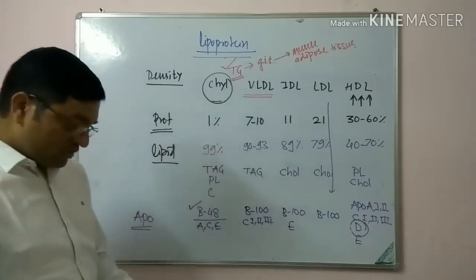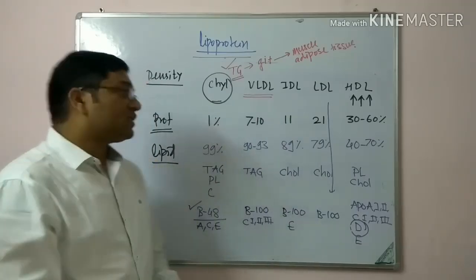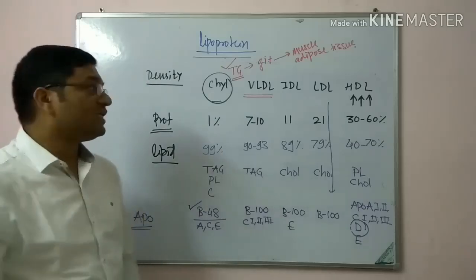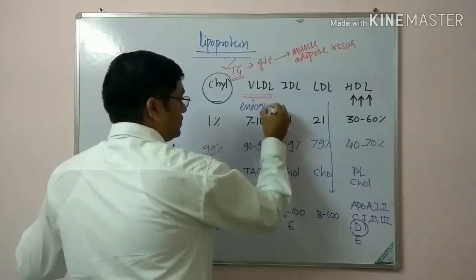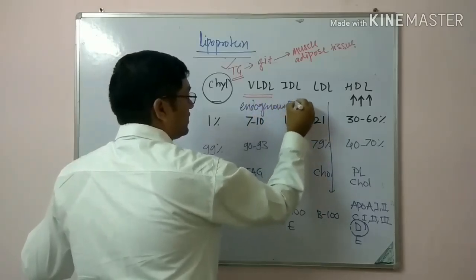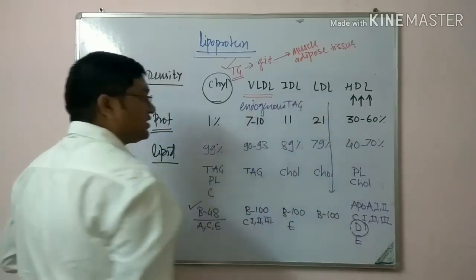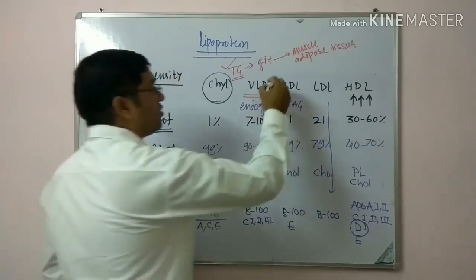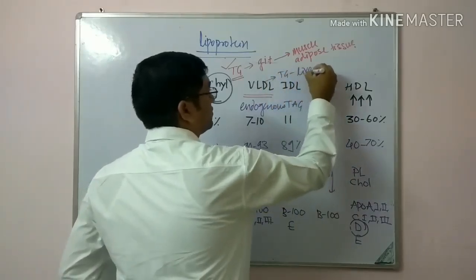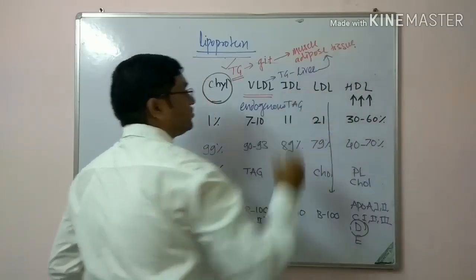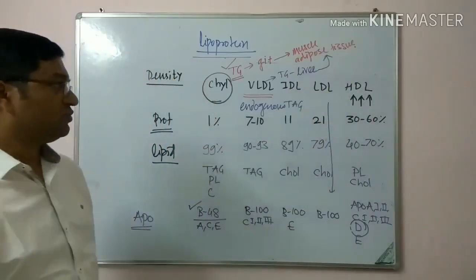Then VLDL is important in the transport of endogenous triacylglycerol. That means it is responsible for transport of TG from liver to the peripheral tissue, that is muscle and adipose tissue.